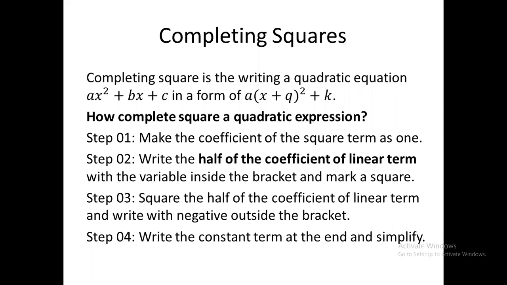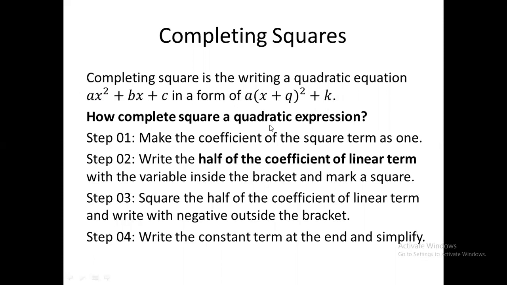That means if you get a quadratic equation in the form ax squared plus bx plus c, which we know is the form of a quadratic equation, for example 2x squared plus 3x minus 5, that kind of equation is known as a quadratic equation. We should be able to write this quadratic in the form a times (x plus q) whole squared plus k.